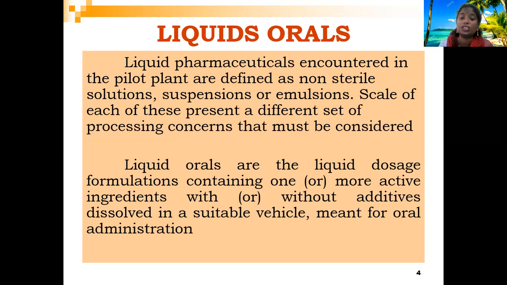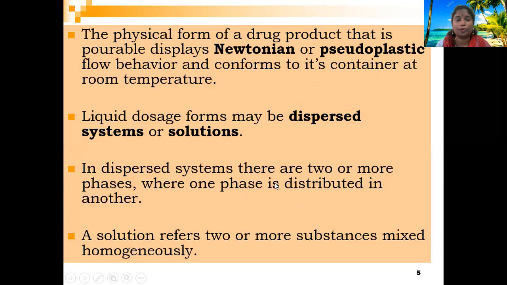The active ingredient is the main ingredient, but this and the excipients are incorporated into a vehicle. That vehicle is meant for oral administration. For what purpose are we preparing this liquid? For oral administration, like syrups, elixirs, suspensions, emulsions.